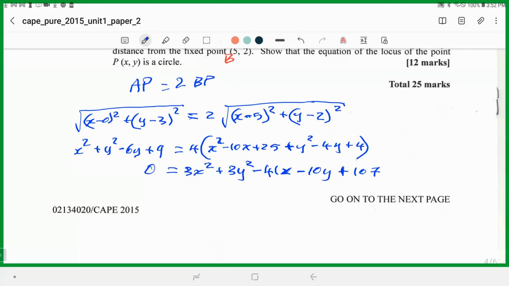To make it an equation of the form x squared plus y squared plus something else equals 0, like a circle, I'm going to divide through by 3.